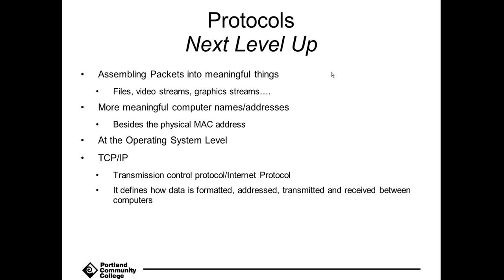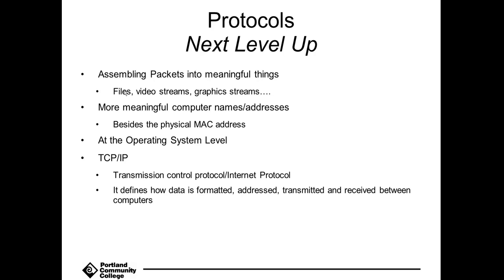Now, we've established these couple network models. What makes these network models work are network protocols. And the protocols are what assemble packets into meaningful things. So we have all these packets, MTU, maximum data in each packet is around 1500 bytes.